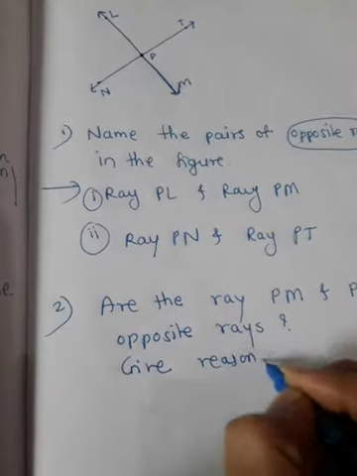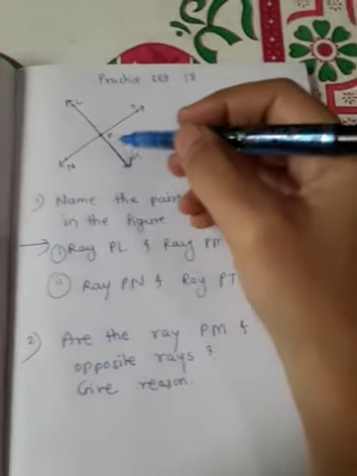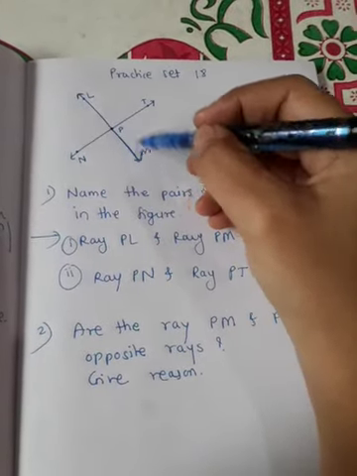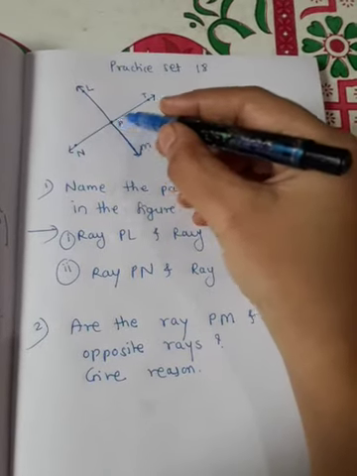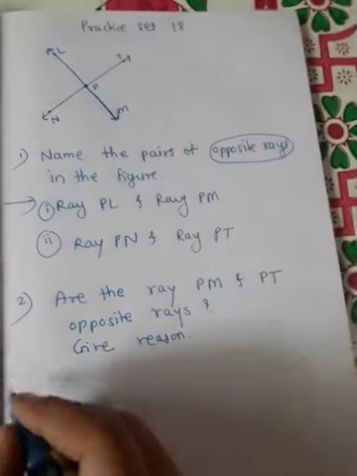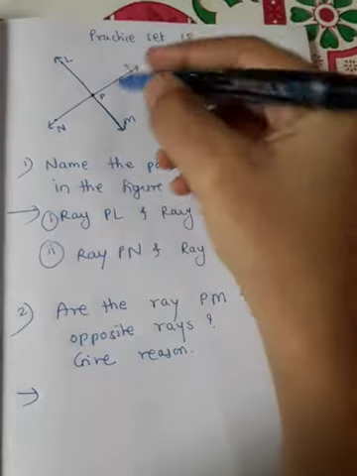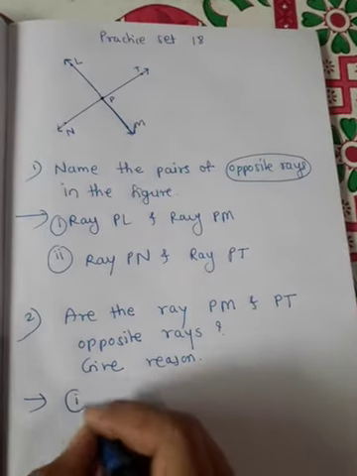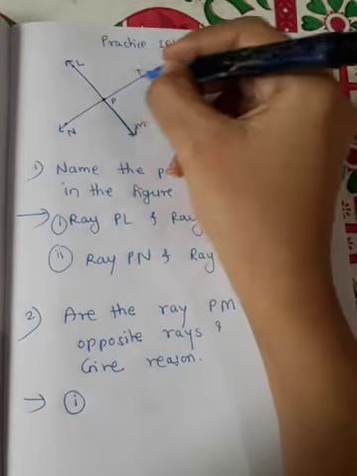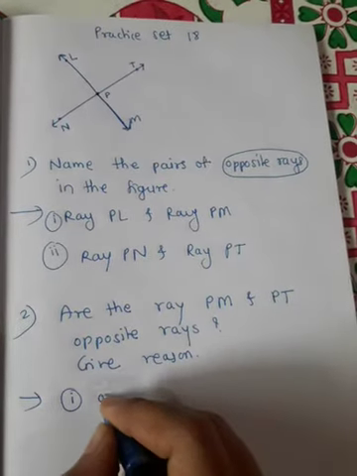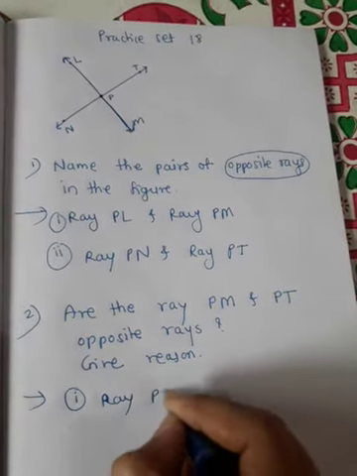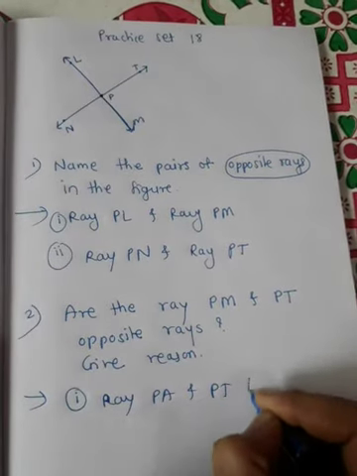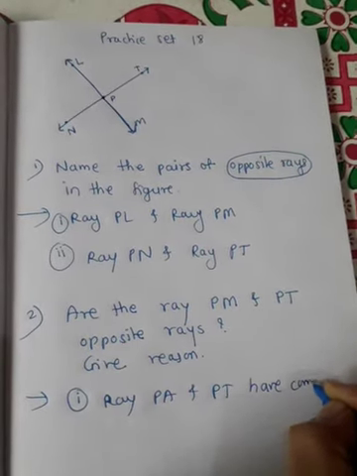Now we have to check whether rays PM and PT satisfy the three conditions or not. First condition, rays PM and PT have a common origin.